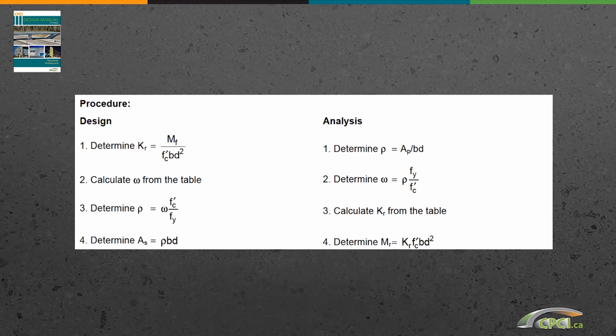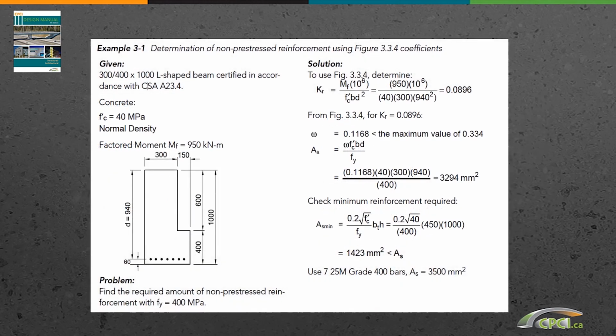Those are the steps we use when we use the tables that we have in the book for non-prestressed concrete elements under flexure. That's a very fast example of a beam with a ledge that has 1, 2, 3, 4, 5, 6, 7, 8 bars.